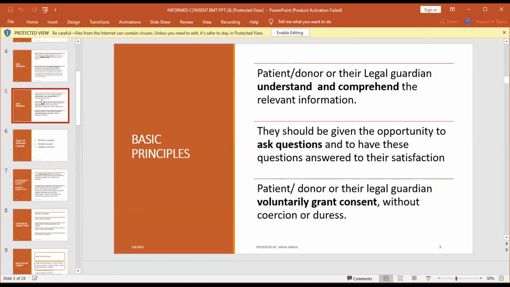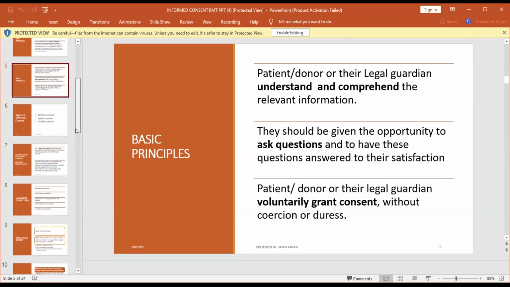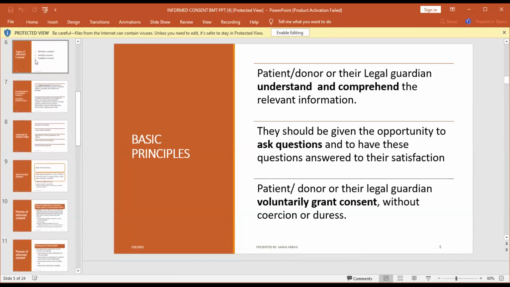The third principle of informed consent is that patient and donor or their legal guardian understand and comprehend the relevant information. Patients need relevant information to be shared in a way that they can easily understand and easily retain.